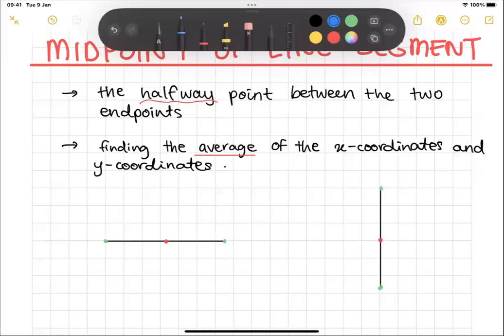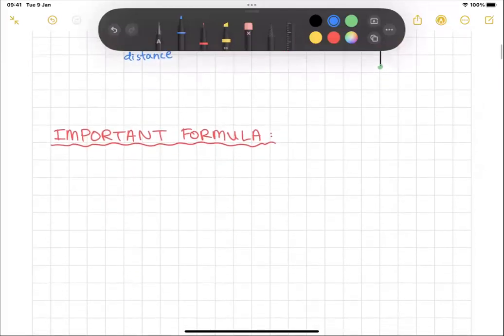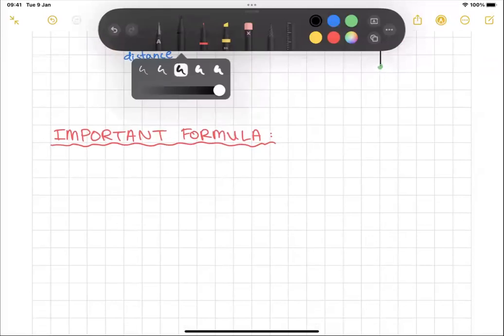In the blue, the distance from the endpoint to the midpoint needs to be equal to the distance from the midpoint to the other endpoint. It needs to be of equal distance, which makes sense because the midpoint is the halfway point of a line.